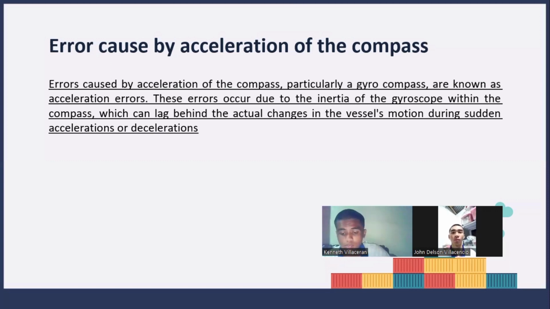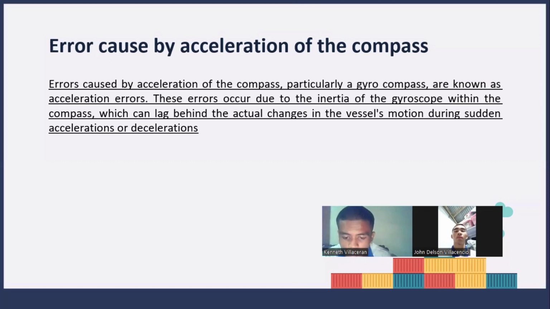Minimizing acceleration error: maintain steady speed. The error is most pronounced during significant acceleration or deceleration, so maintaining a steady speed minimizes its impact. Avoid abrupt maneuvers; minimize sudden turns or changes in speed to reduce acceleration effects on the compass.